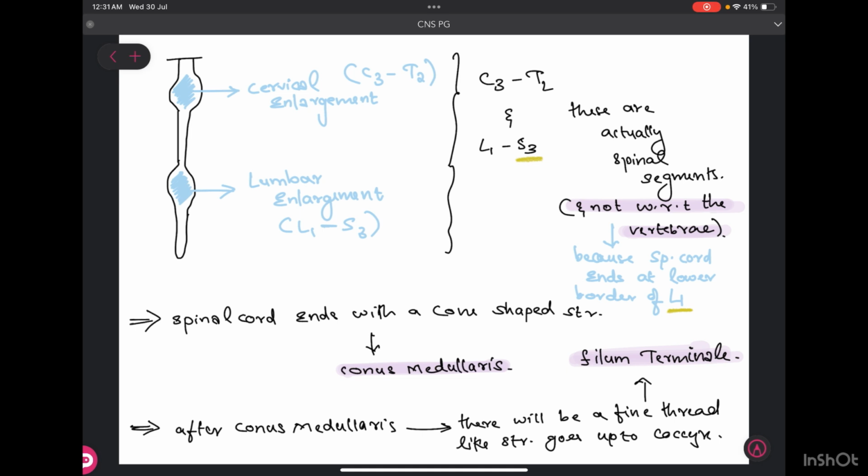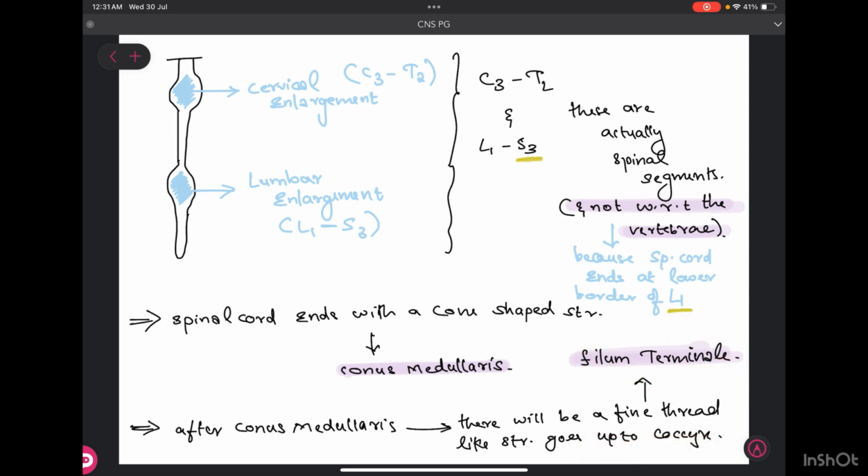The spinal cord ends with a cone-shaped structure, which is called the conus medullaris. After the conus medullaris, a fine thread-like structure extends down to the coccyx. This is called the filum terminale.